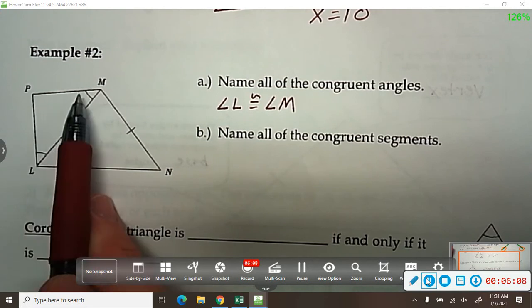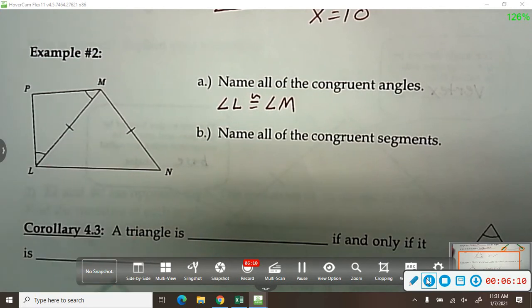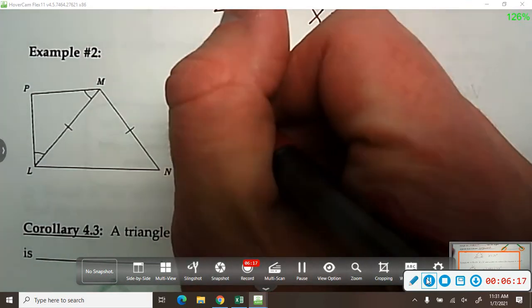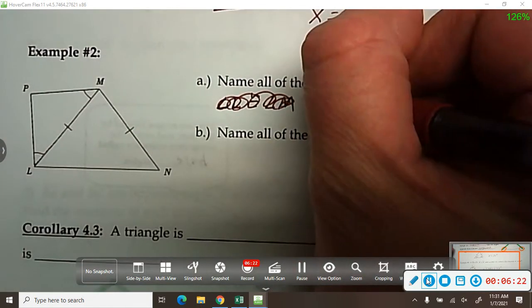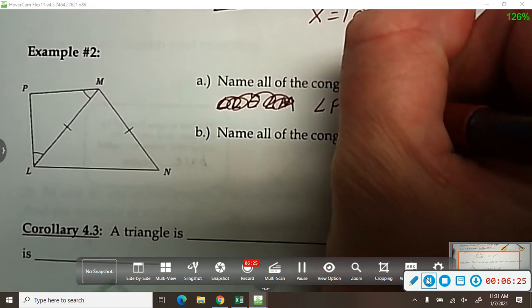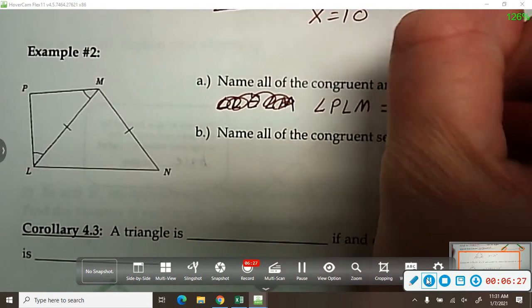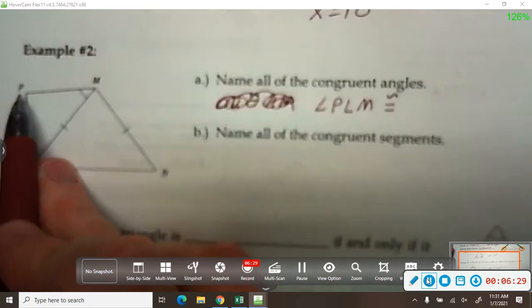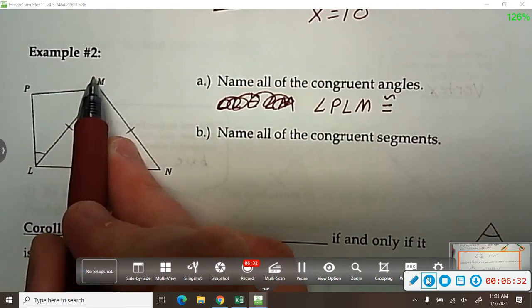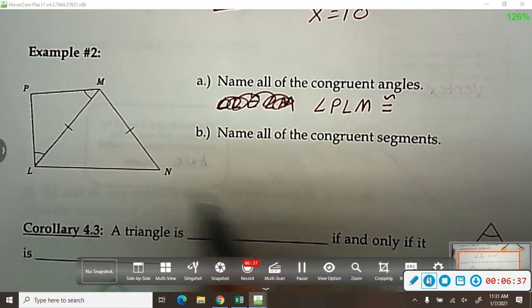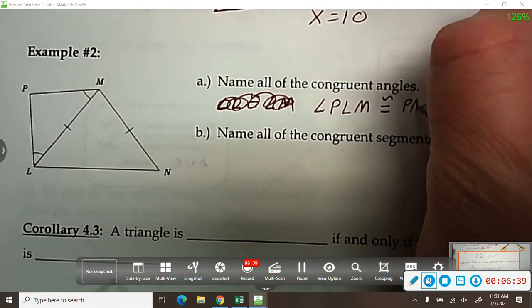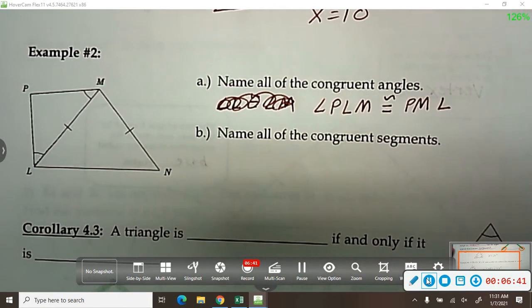They said L equals M. And actually, it's hard to tell which angle I'm talking about, so I really should call this PLM. That way I could say that's PLM, and I would say that's congruent to PML. That would be better to name them like that.